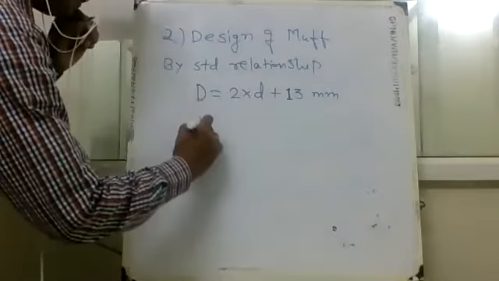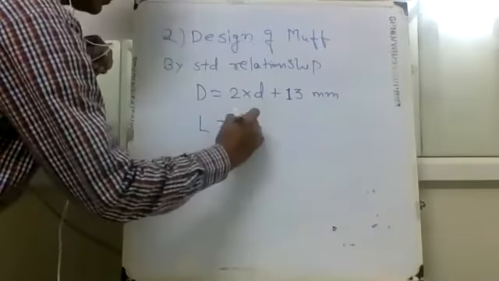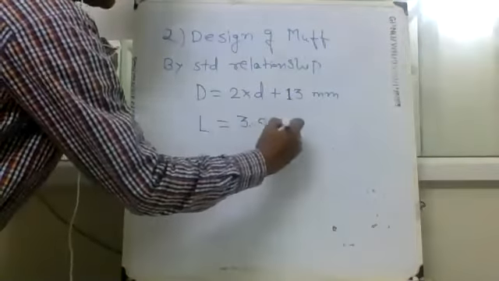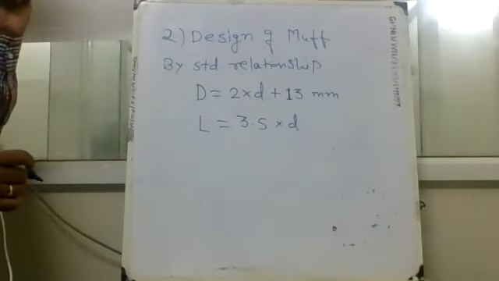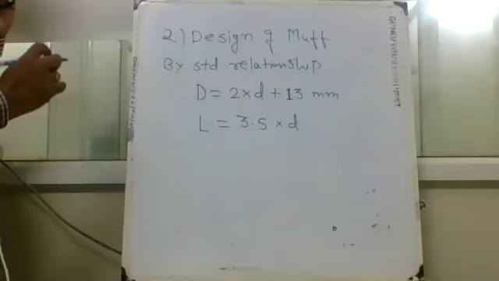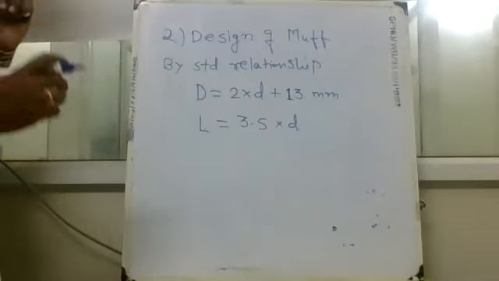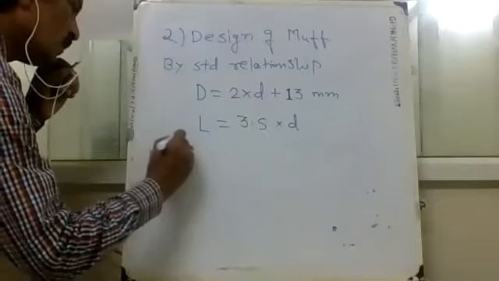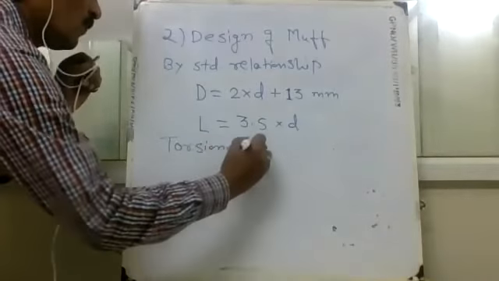Whereas the length L of the muff is considered 3.5 times D. So these are the standard dimensions that we generally consider for the muff. Now when we think about the effect of that torque on the muff, obviously there is a torsional failure.